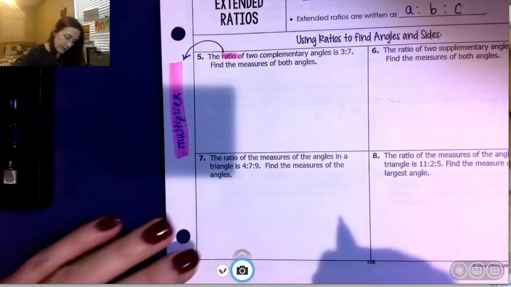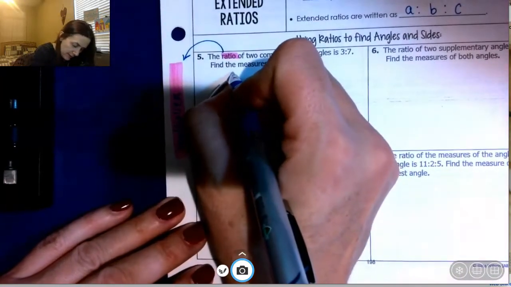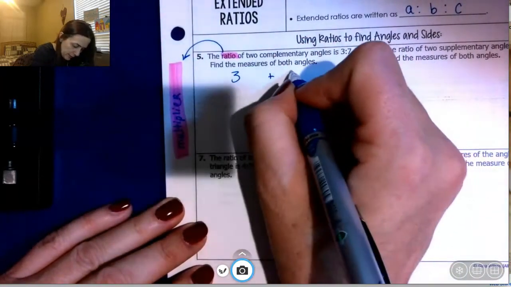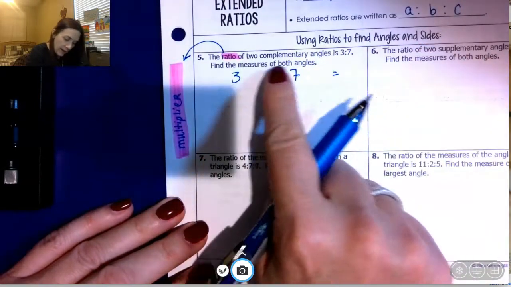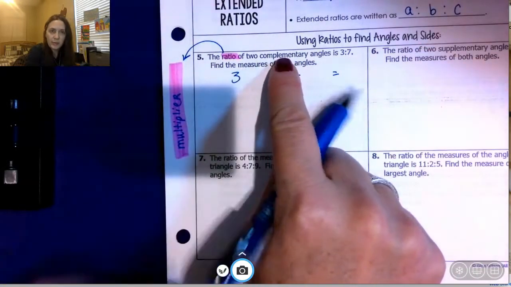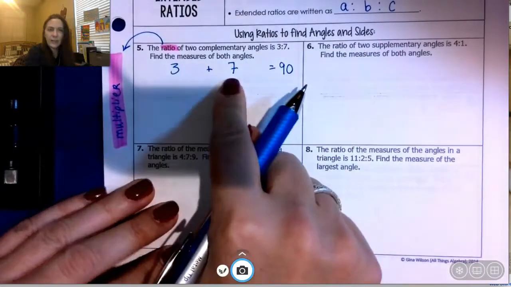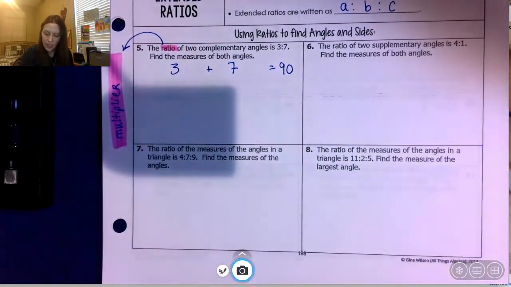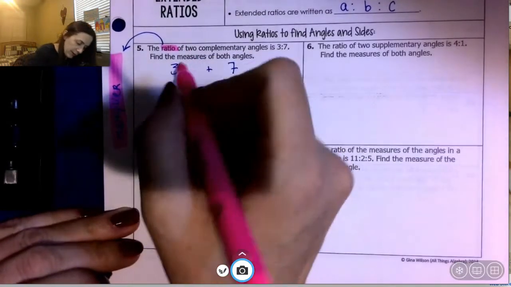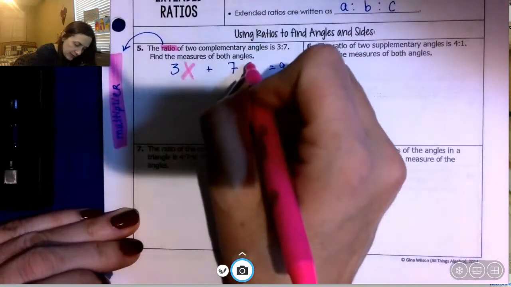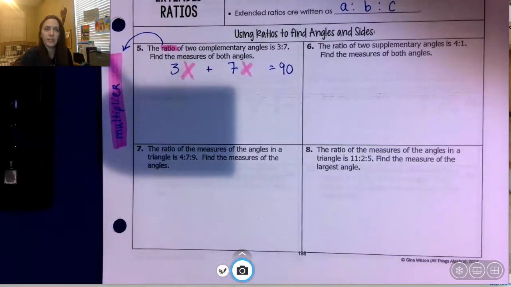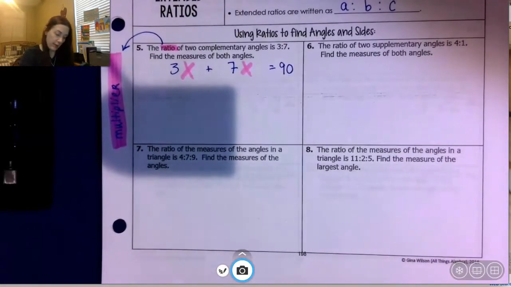So if it's 3 to 7, that means 3 plus 7 and complementary. Complementary angles are 2 angles that add up to 90. Now 3 plus 7 obviously adds up to 10, not 90. You have to use a multiplier here, so it's actually 3x plus 7x. And you solve for x to know what you multiply by.